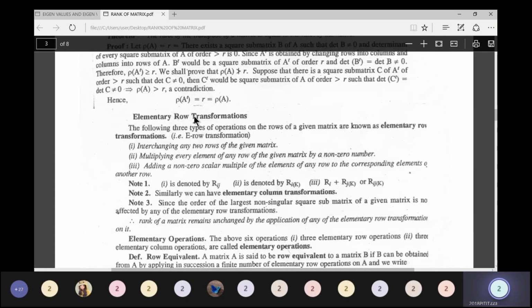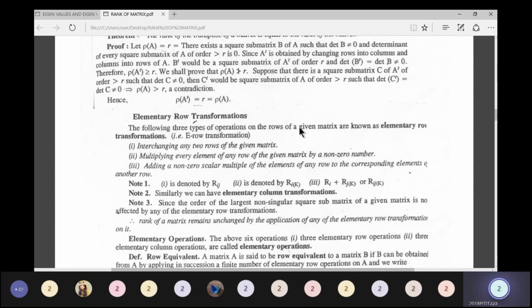So, elementary row transformation. The following three types of operations on rows of a given matrix are known as elementary row transformations. One is interchanging any two rows of the given matrix. Two is multiplying every element of any row of the given matrix by a non-zero number.